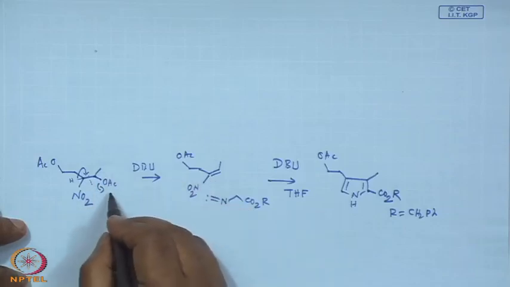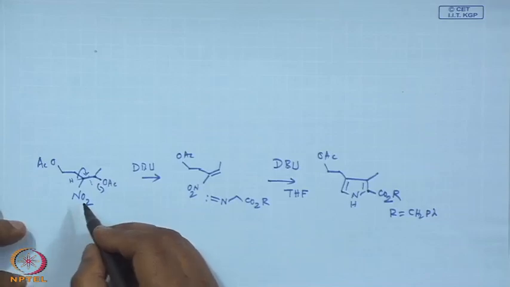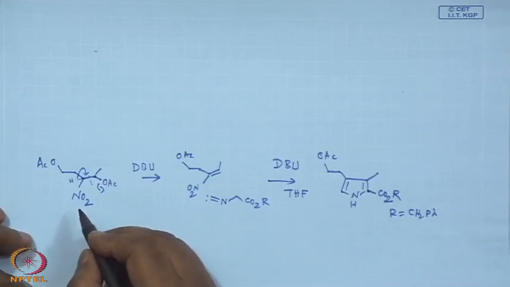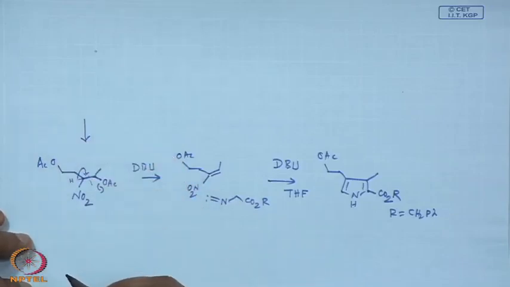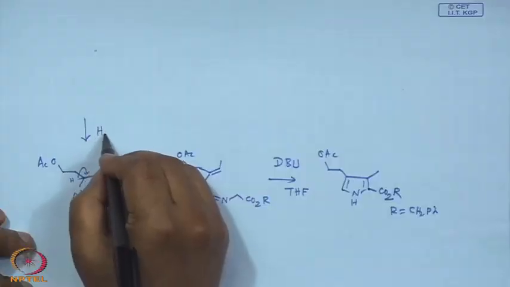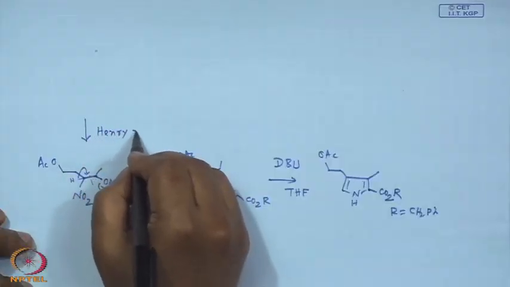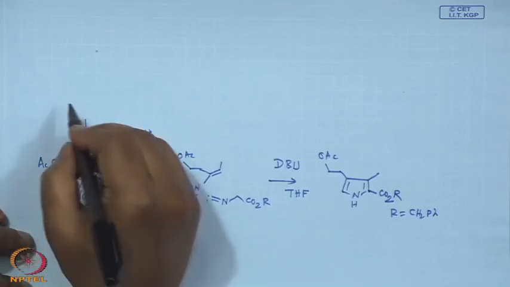But how do you get this nitroacetate compound? There is a reaction, many of you know, known as, nobody, okay, the Henry reaction. Have you heard of the Henry reaction? It is nothing but an aldol condensation of nitro compounds, and in this case what do you do?